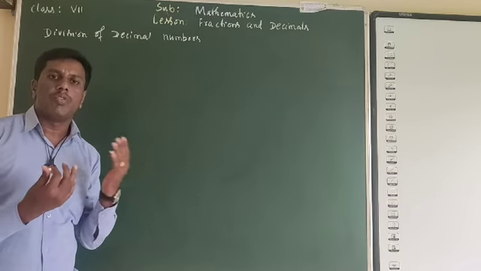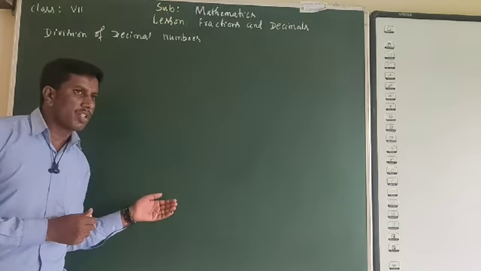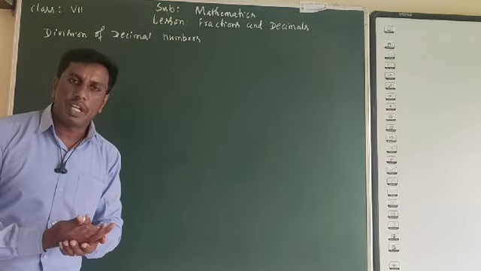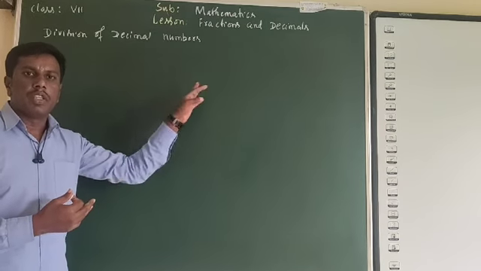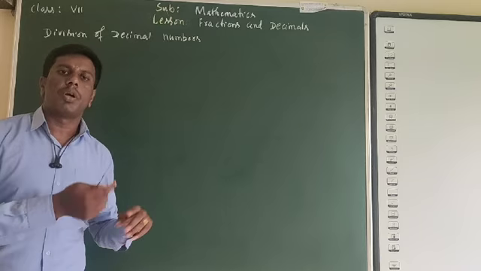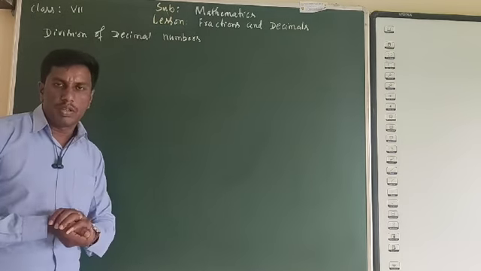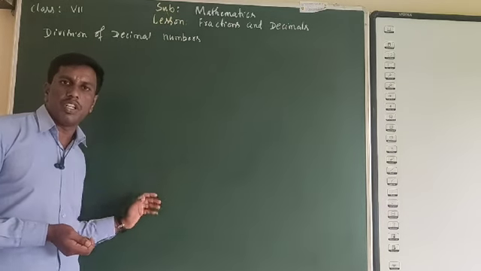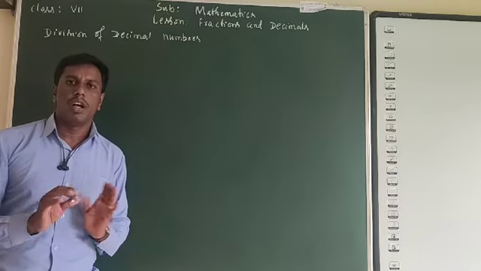You know that to divide a fraction by a fraction, we keep the first number as it is, change the division operation into a multiplication operation, and take the reciprocal of the second number. Then it comes to the multiplication of two fractions. You know how to do that: numerator multiplication and denominator multiplication. Then simplification will be the answer.